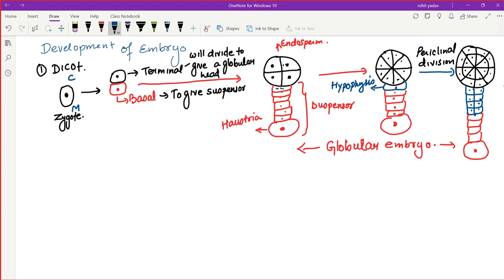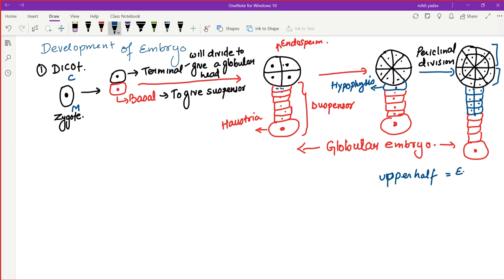we can divide this globular embryo into two halves. One is the upper half, one is the lower half. So what do we write here is, here the upper half, if we are talking about, this upper half will give rise to, if we are talking about the upper half, what the upper half will form?